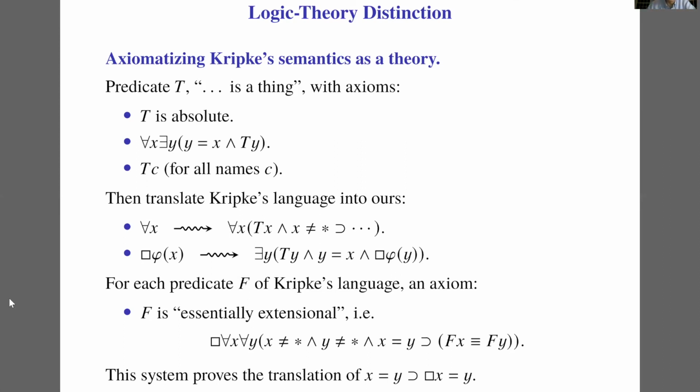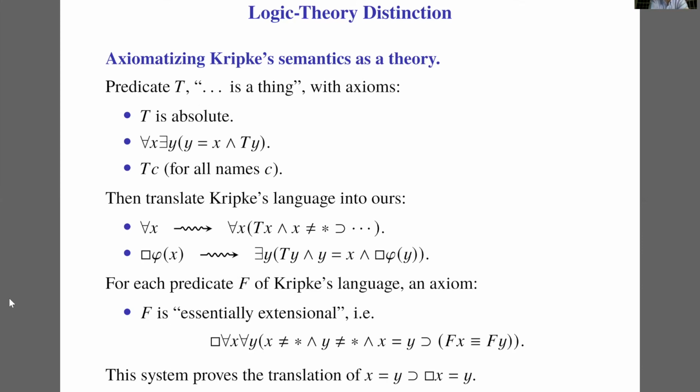We can translate Kripke's logic as a theory on top of the intensional modal logic. So this is one technical observation: intensional logic is not just general, but expressive enough to express what previous approaches called quantified modal logic, as actually a theory. So we recover a logic-theory distinction in the realm of quantified modal logic.